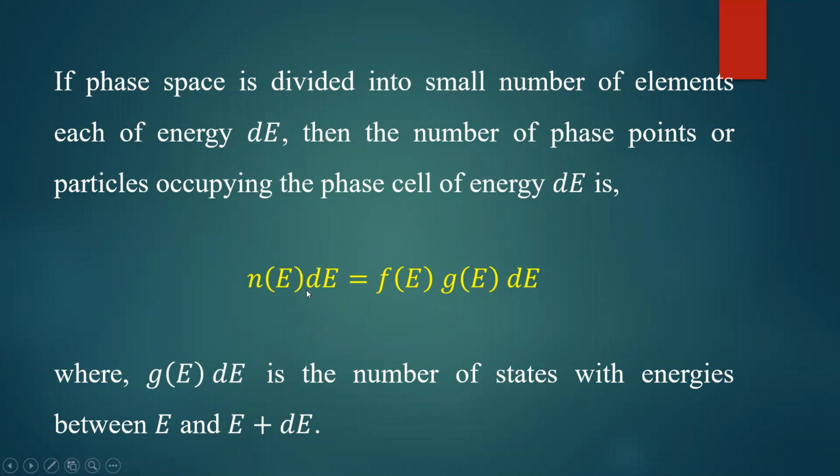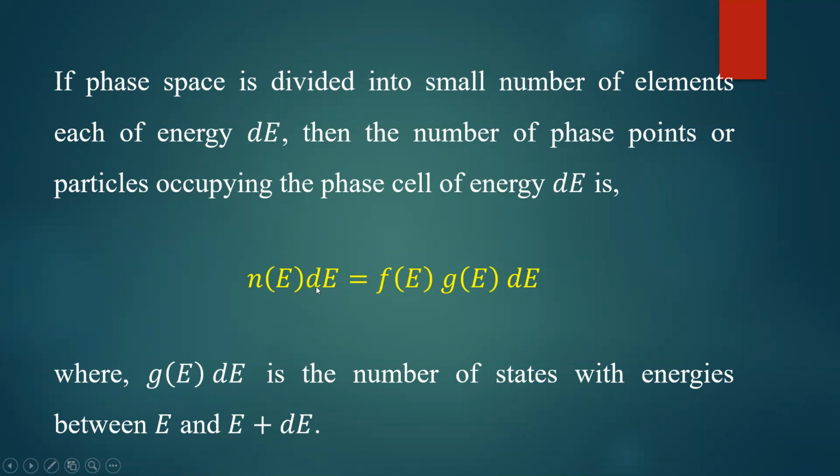You just have to multiply by the smallest volume element. This is the volume of the smallest phase cell in the phase space. n of E into dE equals f of E into g of E into dE, where g of E into dE is called the number of states with energies lying between E and E plus dE.